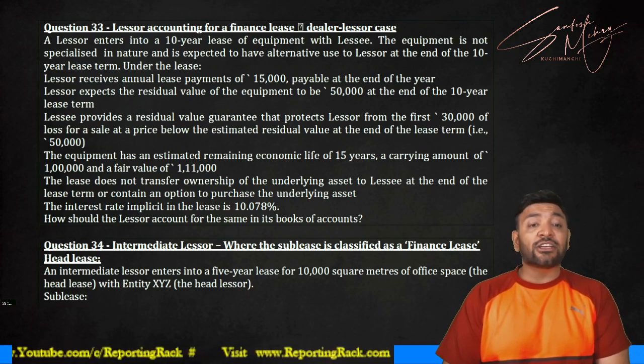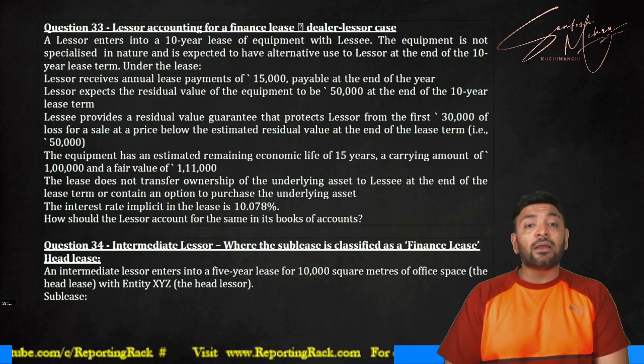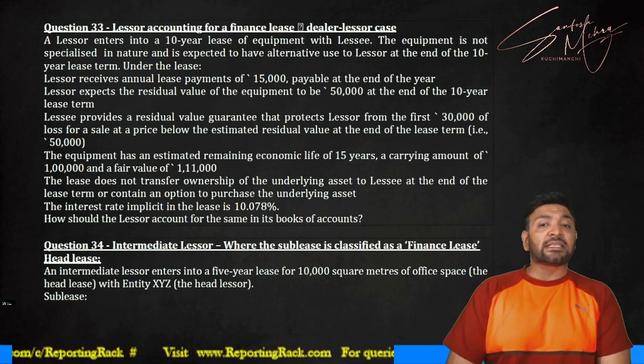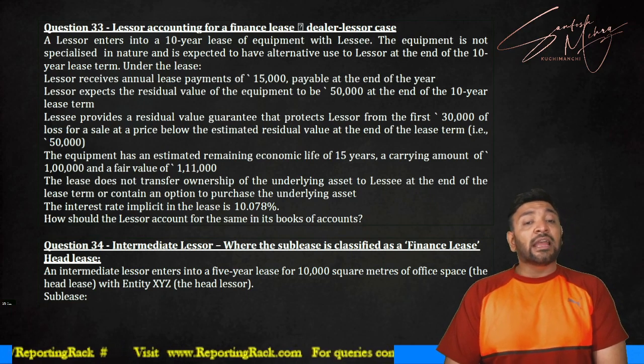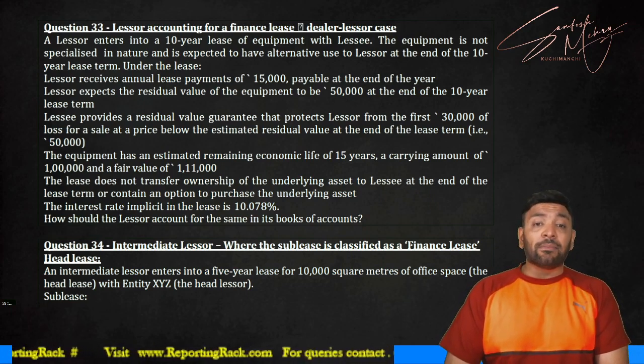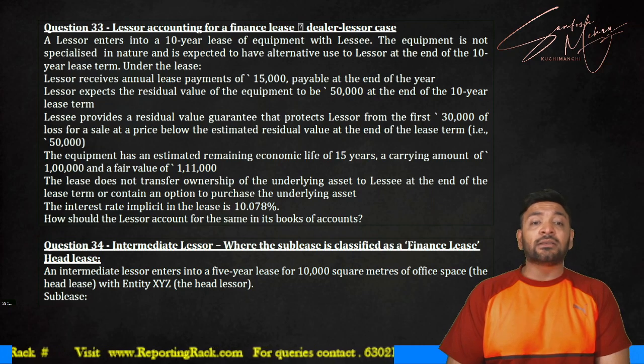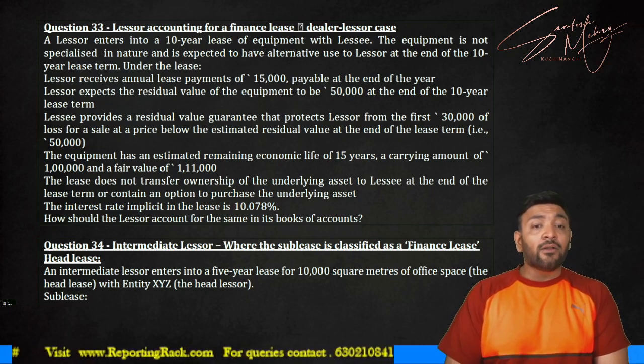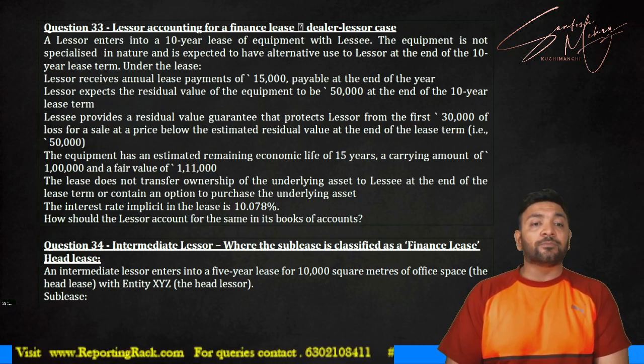Guys, the estimated residual value at the end of the lease term is 50,000, but the guarantee given by the lessee is 30,000. The equipment has an estimated remaining economic life of 15 years and a carrying value of 1 lakh with a fair value of 1,11,000.